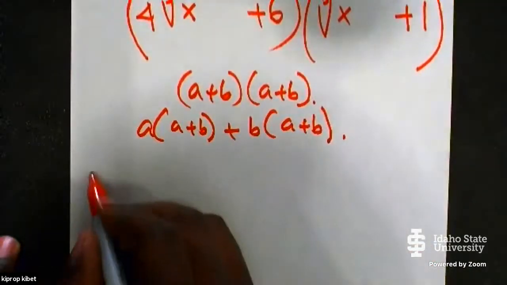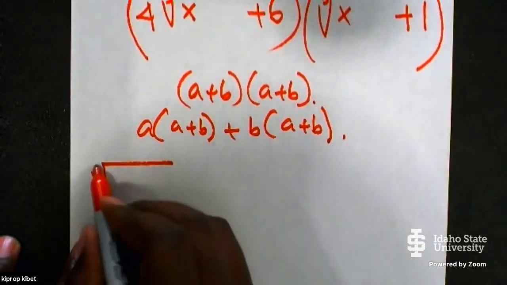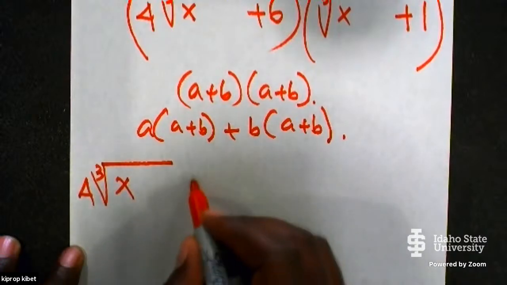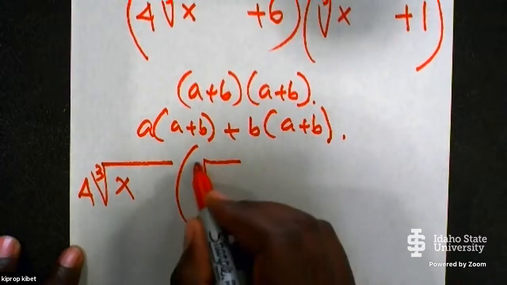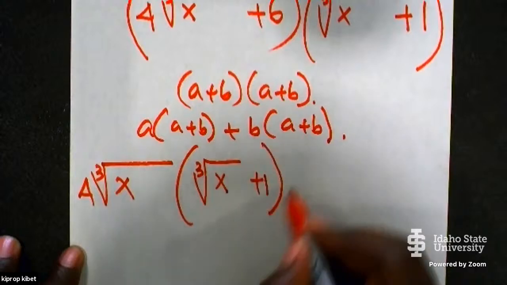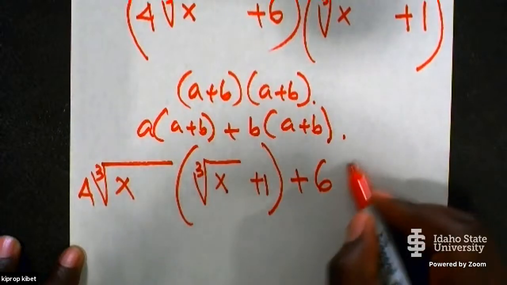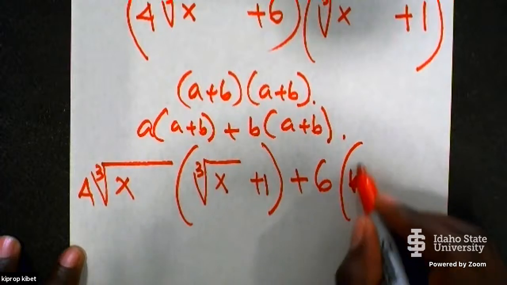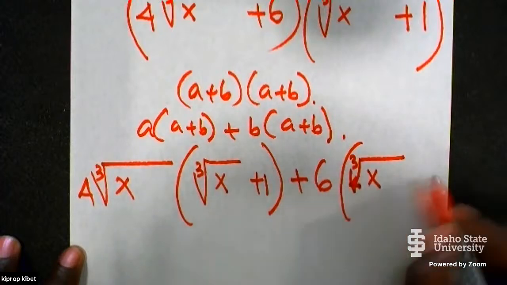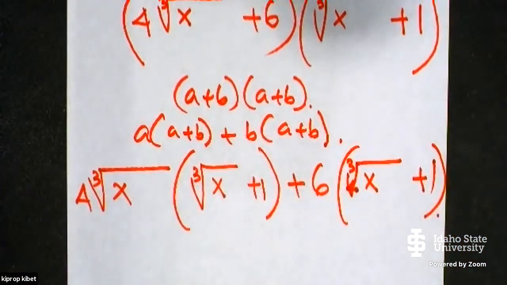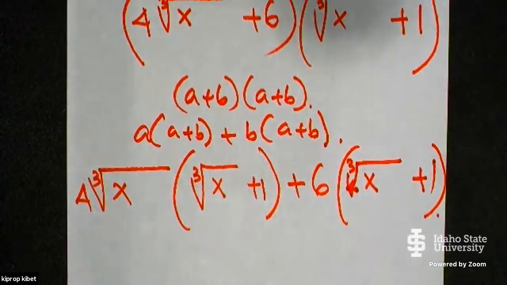So you write as 4 the cube root of x, brackets, the cube root of x plus 1, plus 6 the cube root of x plus 1 plus 1. Then you open the brackets.